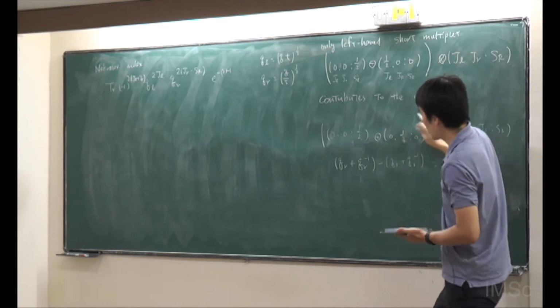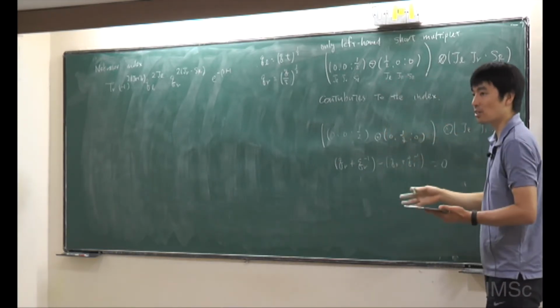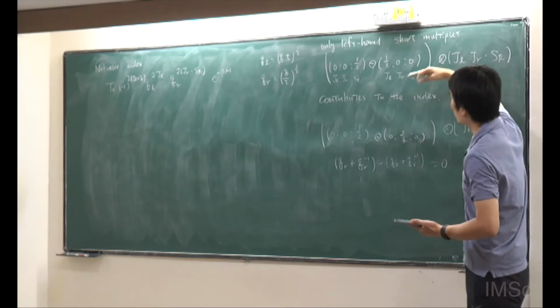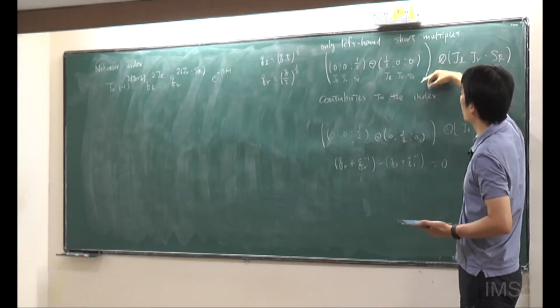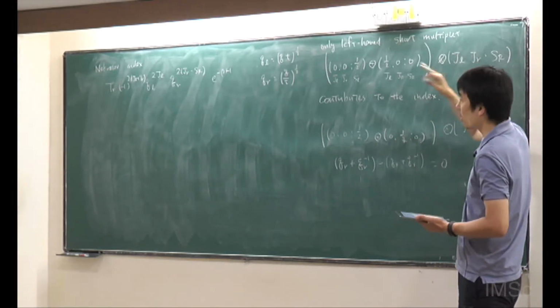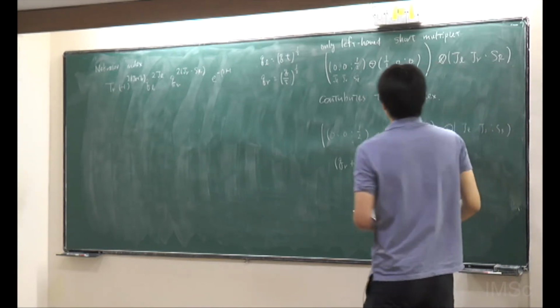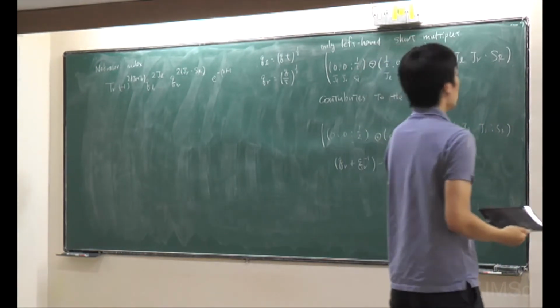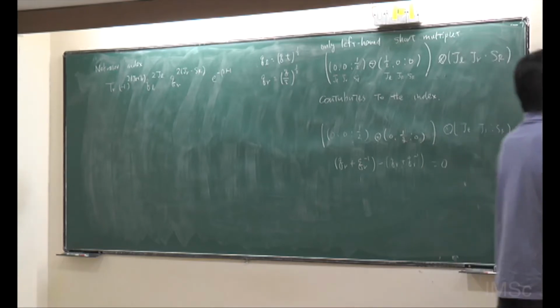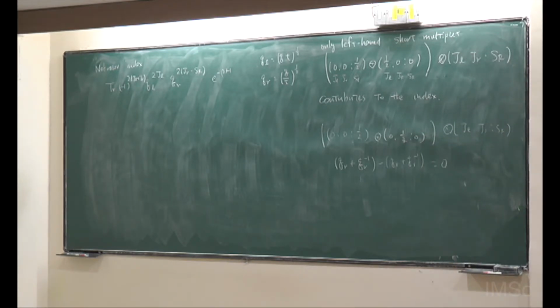Since this is 0, the long multiplet does not contribute. Therefore only the left-handed short multiplet contributes. So the supercharge annihilated by this one, the right-handed supercharge, will contribute to the index.